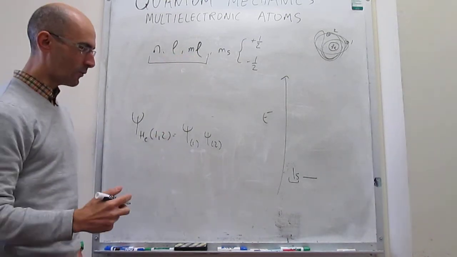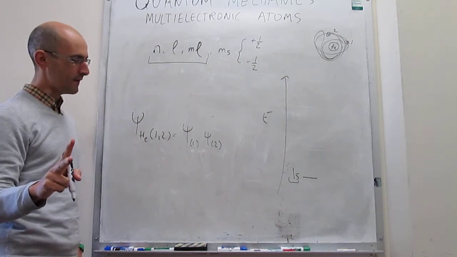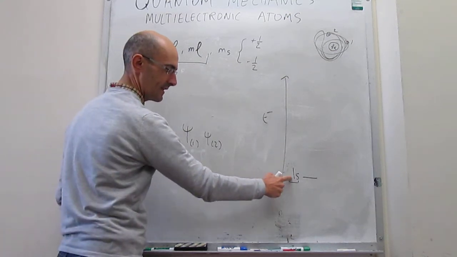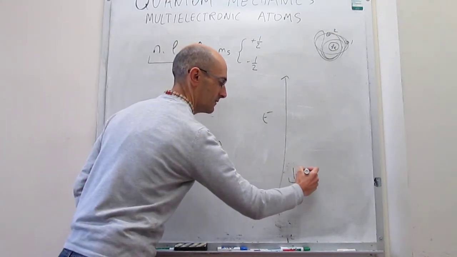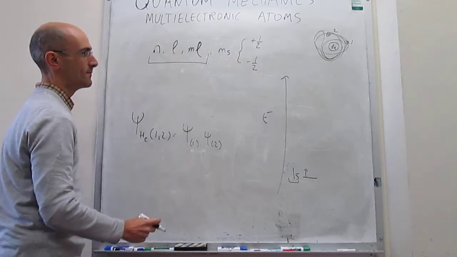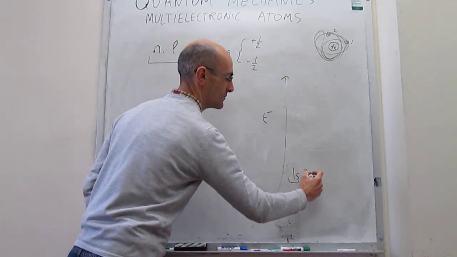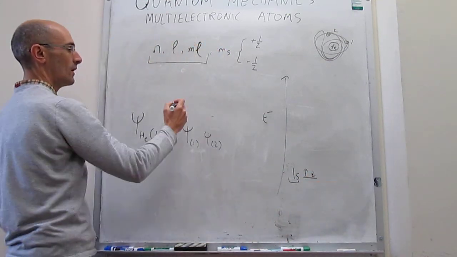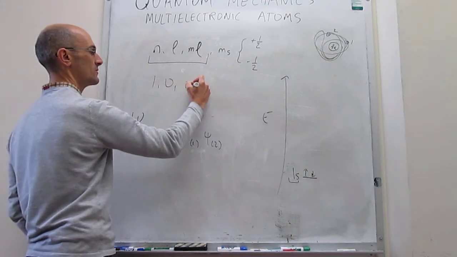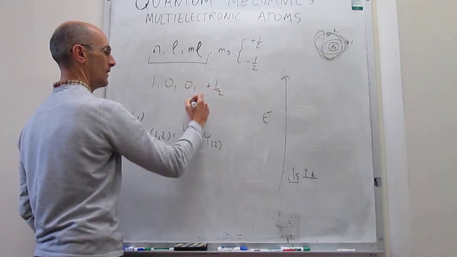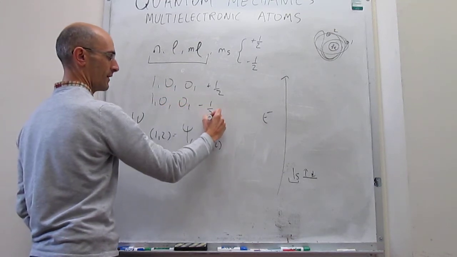So for the helium atom, what we'll actually say is that the 2 electrons that you have in the helium atom can have the same wave function, can have a 1s orbital, as long as their spins are antiparallel. Okay, and that means that the spin quantum numbers have to be different. Right, so for the helium atom, the first electron, we can say that it has quantum numbers 1, 0, 0, +1/2. And then the second electron will have quantum numbers 1, 0, 0, -1/2.